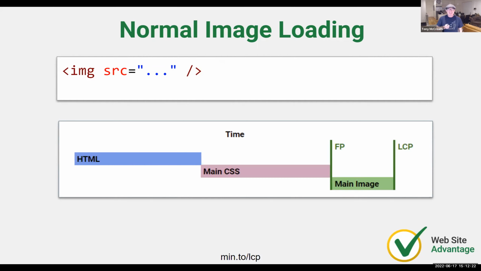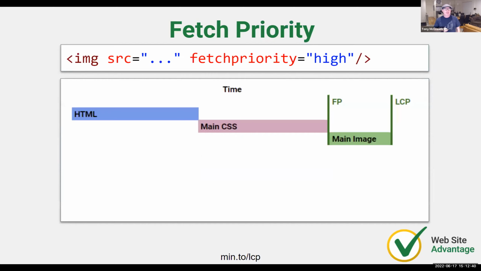This sequence can make it hard for a BigCommerce store to pass LCP's 2.5 second requirement. In Australia, I often see HTML alone taking over a second, and that's on a fast network. And you need 75% of your page views to be under 2.5 seconds to get an overall pass grade.